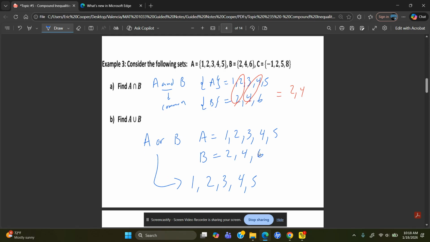And in B I have 2, 4, 6. Now I already have the 2 written. I have the 4 written. The only thing that's different here is I need to add the 6. So this is A or B. Each one of these numbers is contained at least once in the number set. Some of them are contained more than once, and that's okay. They just have to be contained at least once in the set of numbers.